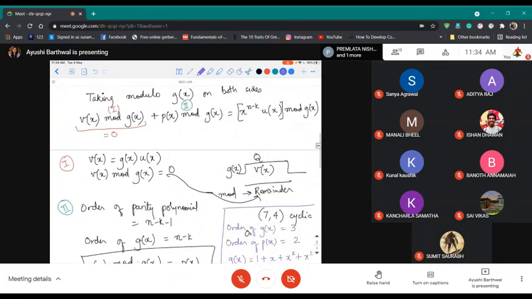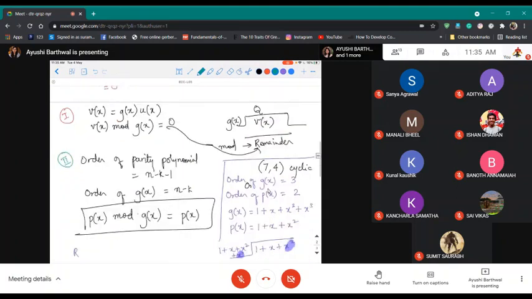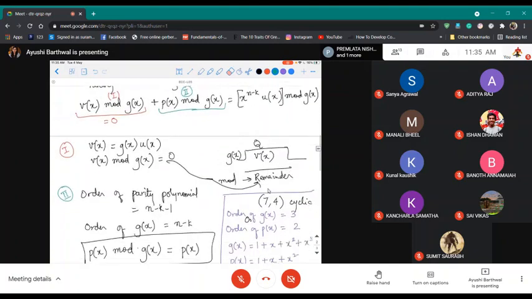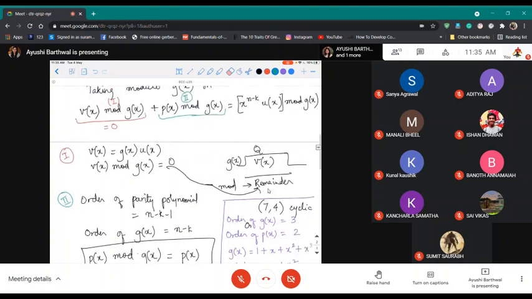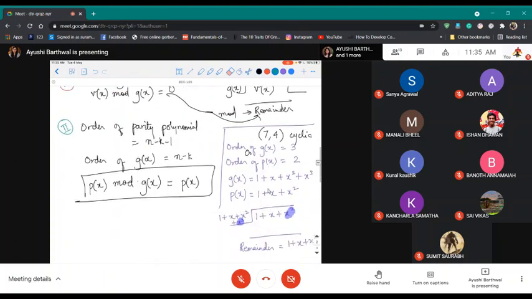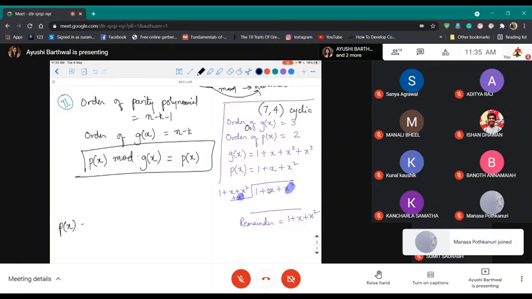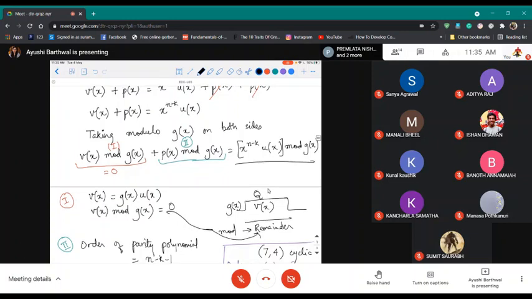Now let's take this value back over here. Now substituting the above values, p(x) is equal to the right hand term.